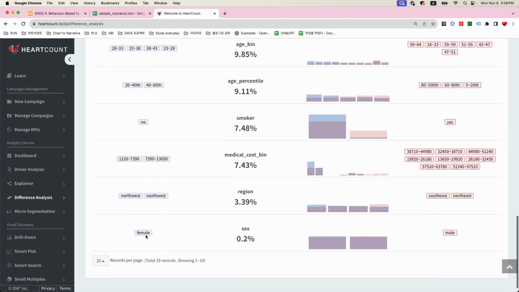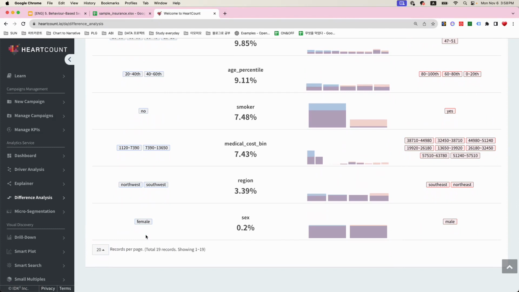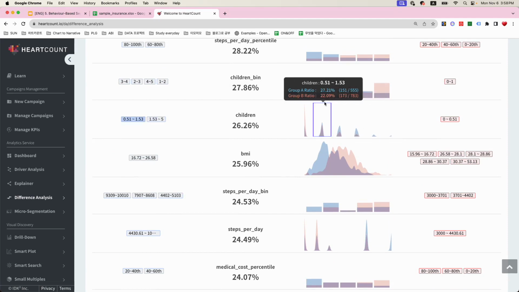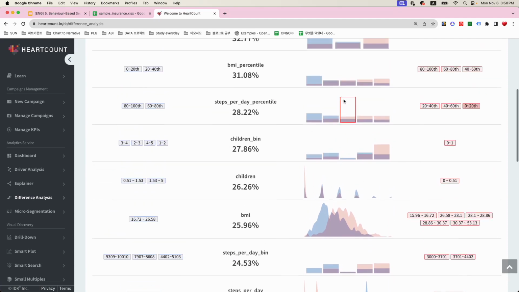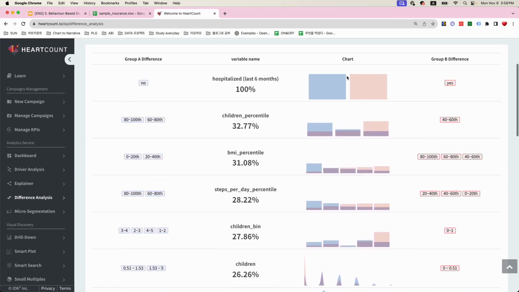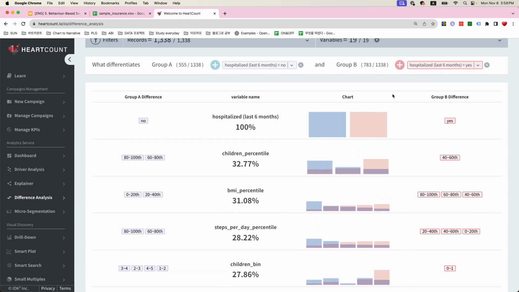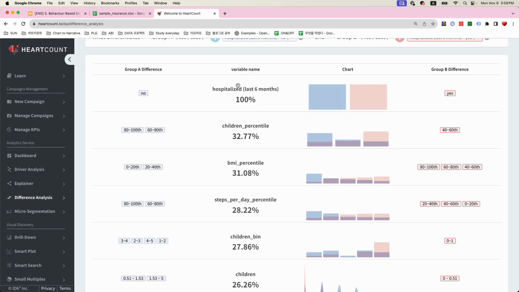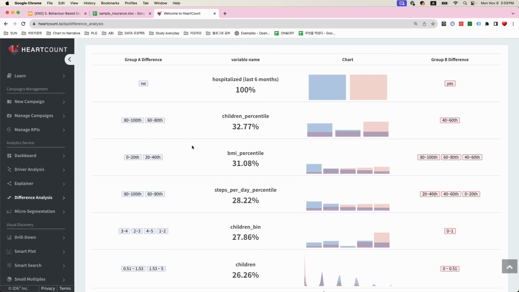Essentially, what HeartCount's difference analysis feature does is plot the probability density functions, which helps in comparing the statistical characteristics of the two groups. So the less these functions overlap, the more pronounced the difference between the groups, like the ones in the first part here.